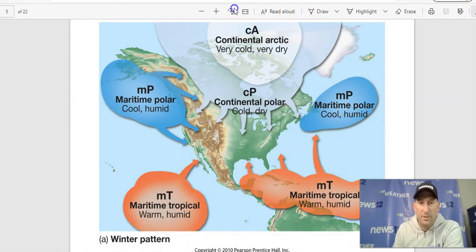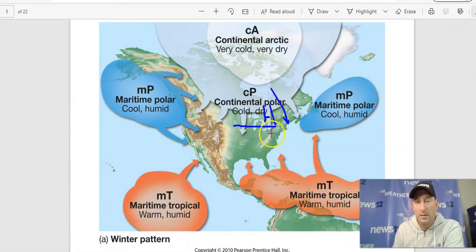If high pressure was to our west, if this was high pressure here, we would have cold continental polar air mass. So if high pressure was to our west or northwest, we would have a continental polar air mass, cold and dry. This would be a 330 wind, 300-degree wind, the north to northwest wind over here.